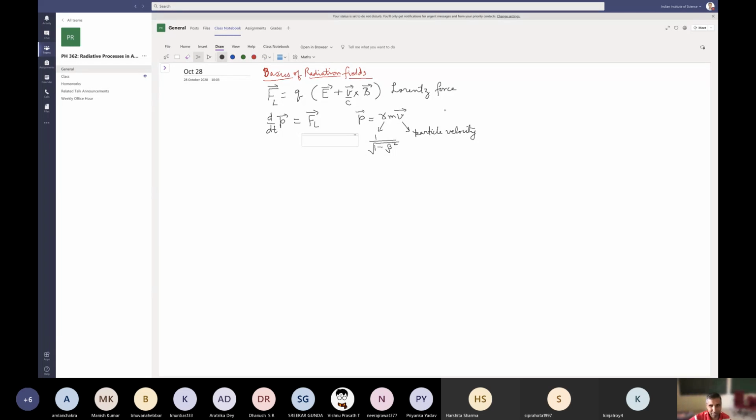So this is basically special relativity, and special relativistic effects become important when v approaches c. This is very common in a lot of astrophysical scenarios that we are considering.